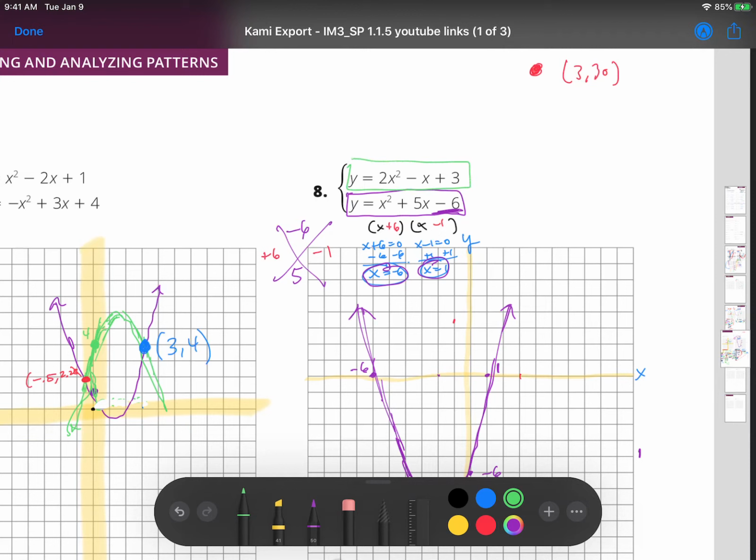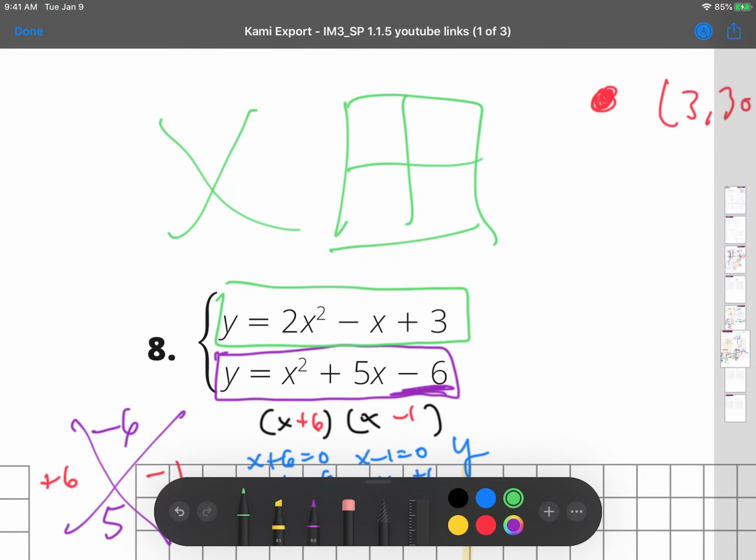Again, if you factor it really quickly, I'm trying to show you how to graph that by hand. A times c is 6, b value is -1. There are no two numbers that multiply to be 6 and add to be -1.